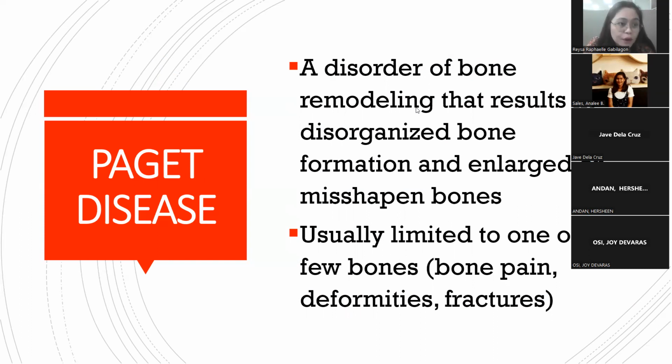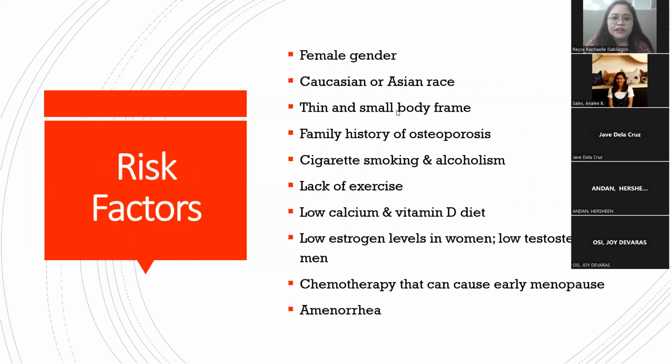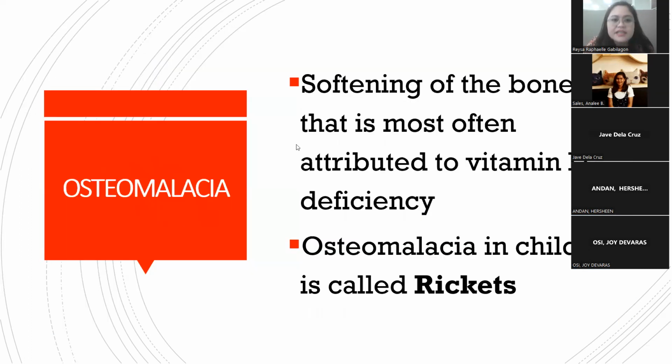There may be hormones involved, and the risk factors for osteoporosis may also apply to Paget's disease. In osteomalacia, the problem is that you lack the vitamin D we need for bone mineralization. Later we'll talk about the treatment for our bone disorders.